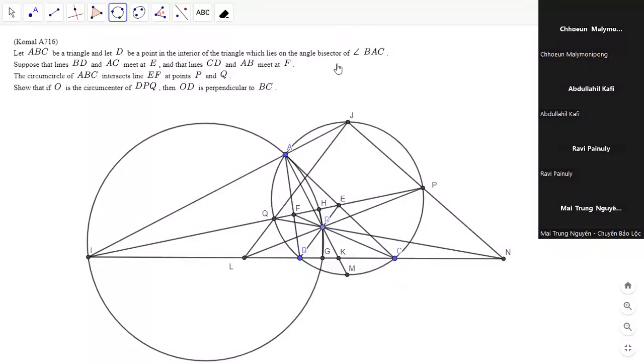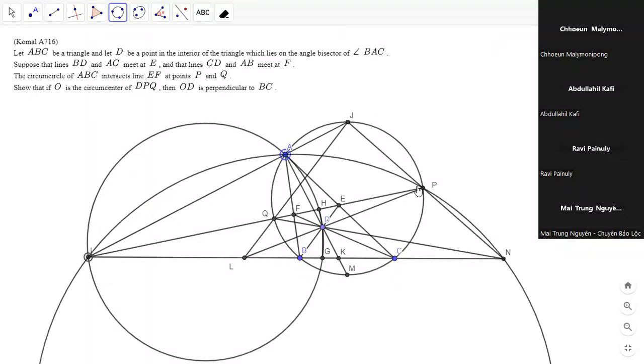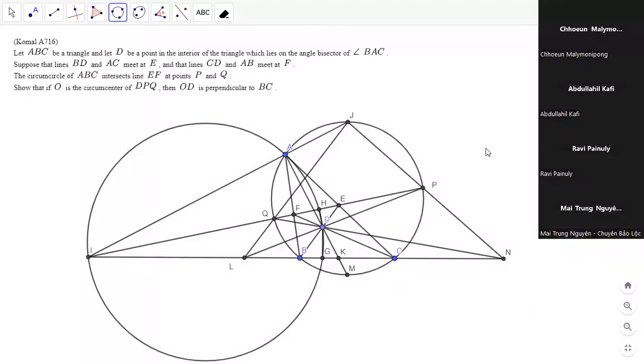And also IAPN. And I think there's one other that would be cyclic. No, I think we can try another way. Okay.